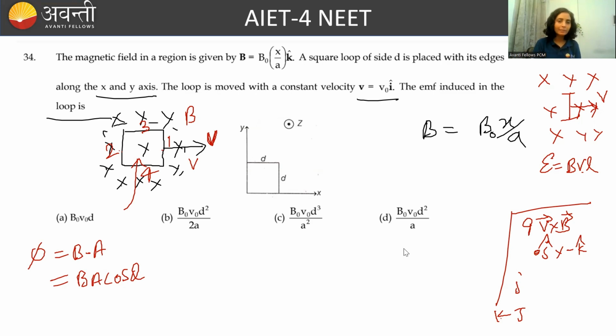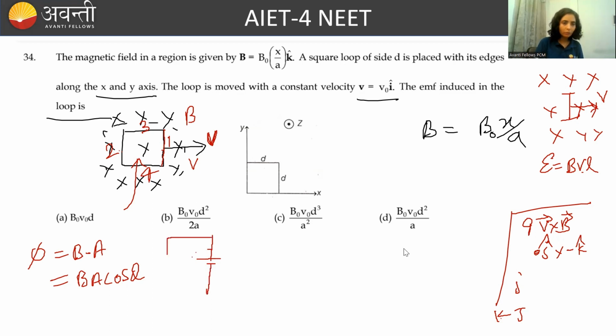So here, j means positive charge inside this rod will feel force in the upward direction. So if EMF is getting induced, positive charge will be in the upward sense and negative charge downward. So EMF will get induced like this.